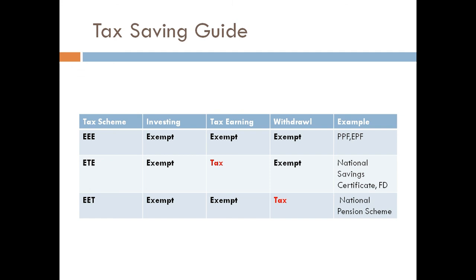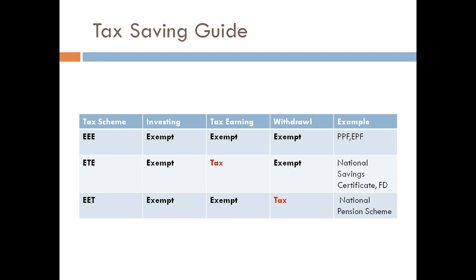Then the third one is the EET, for example the National Pension Scheme. When you are investing in the National Pension Scheme, there are two scenarios. One is an individual investor, and another is an individual getting money into the National Pension Scheme account from the employer.